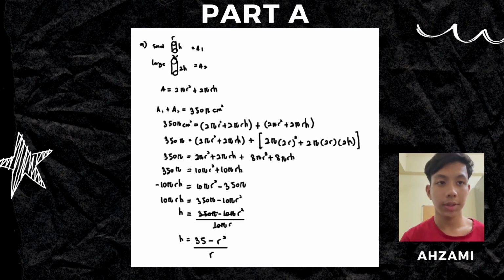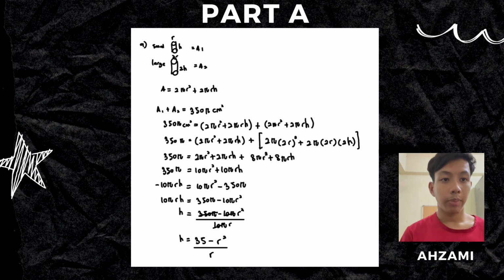After that, we substitute the expressions for A1 and A2. We will get 2 pi r squared plus 2 pi r h plus 4 pi r squared plus 8 pi r h equal to 350 pi. And then we simplify the equation by combining like terms.